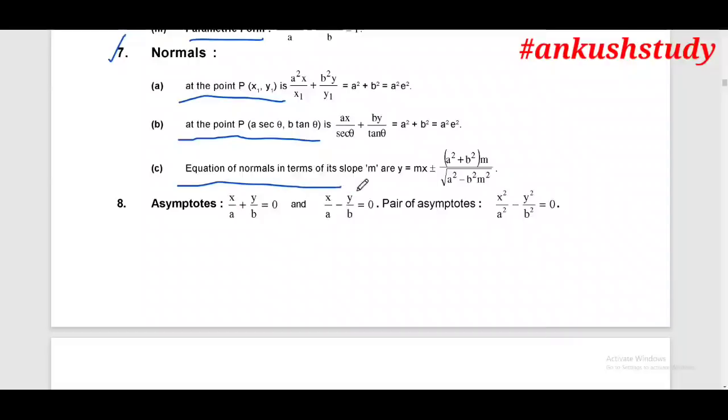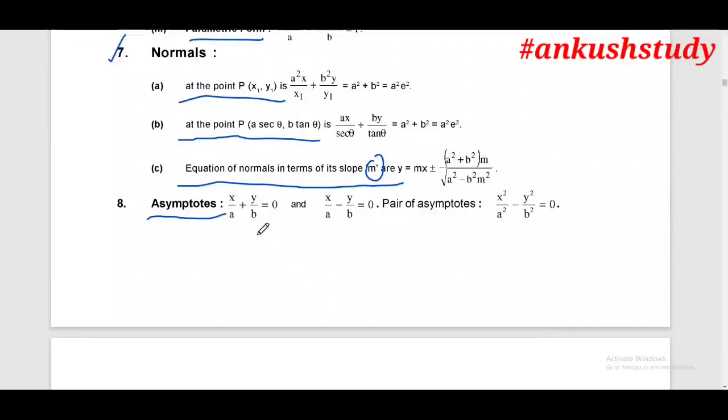And now the equation of the normals in terms of its slope m: y is equal to mx plus minus (a square plus b square) m upon under the root a square minus b square m square.